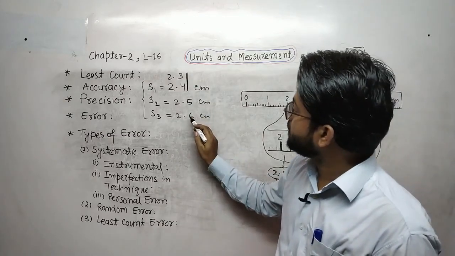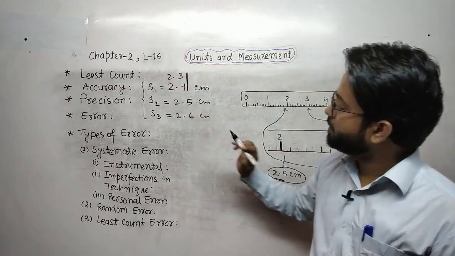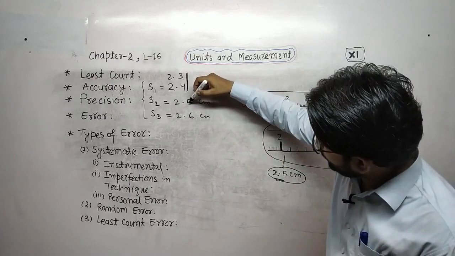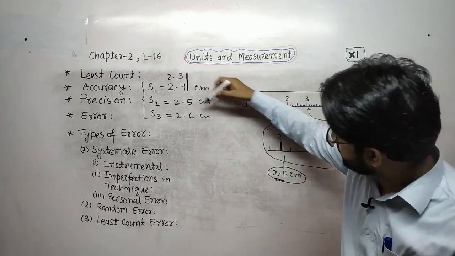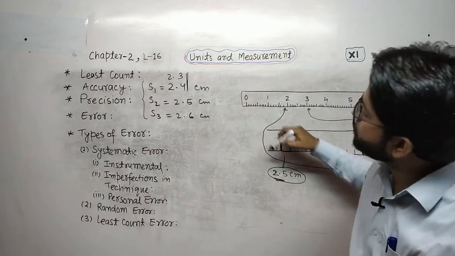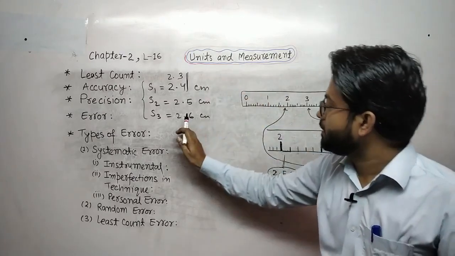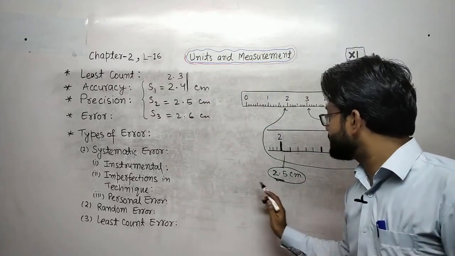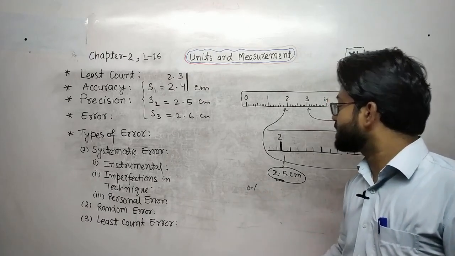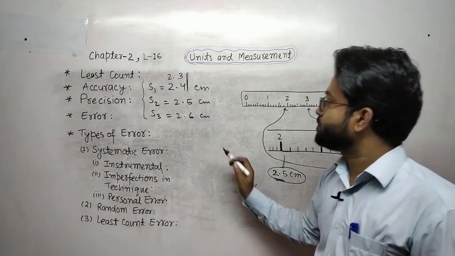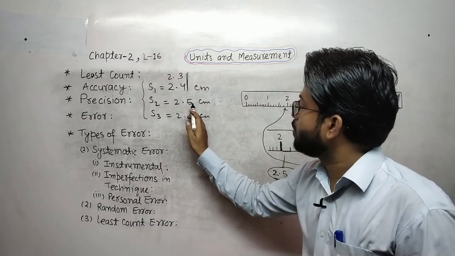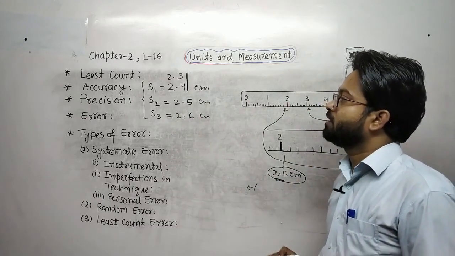If you talk about 2.5 and 2.4, 2.5 is closer because there is zero difference, while there is a difference of 0.1 centimeter for 2.4. That means we can say that 2.5 is more accurate than 2.4.